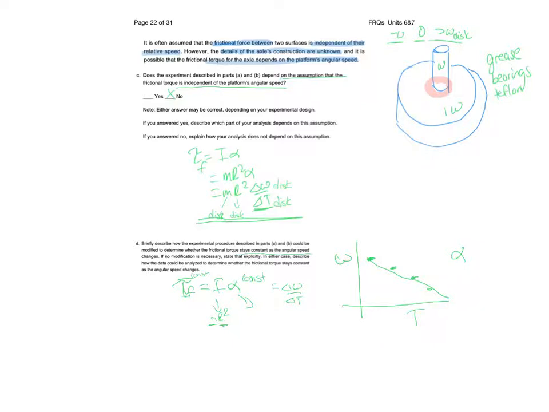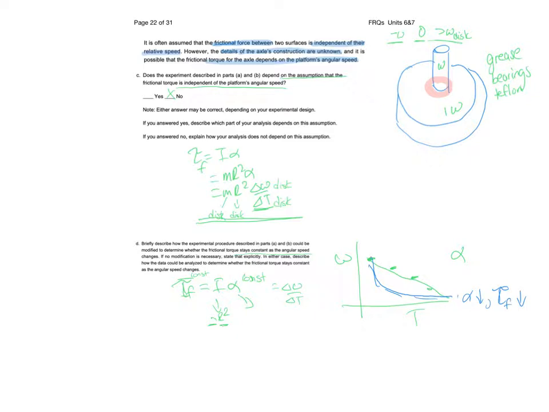Now, if the torque were increasing with higher omegas, then we would have a steeper slope when omega is large, and as omega got smaller, the slope would decrease. So in this case, the tangent being the acceleration, the alpha is decreasing, which means the frictional torque is decreasing.